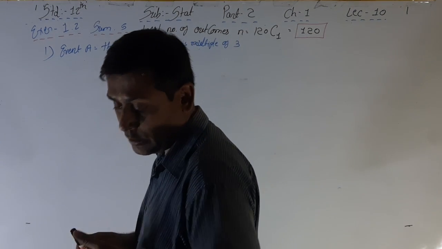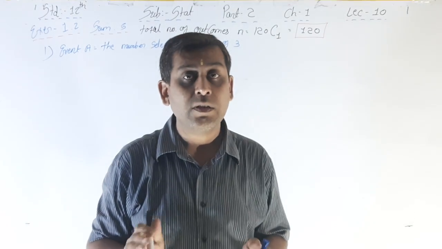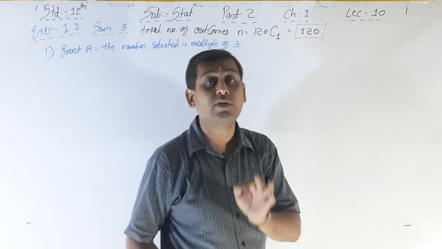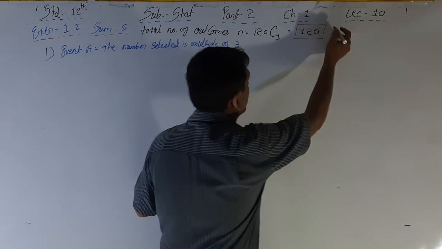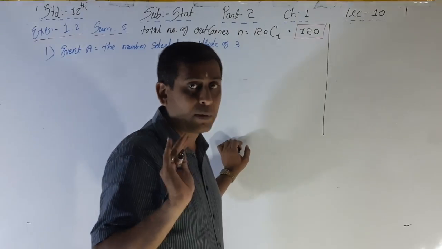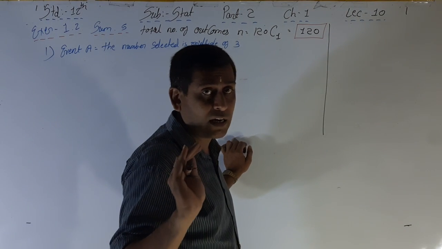Okay, now see, multiple of 3 from 1 to 120. We have to find out how many numbers are multiples of 3. We can do this in rough work. This is not part of your answer, I am doing the rough work for your better understanding, right?